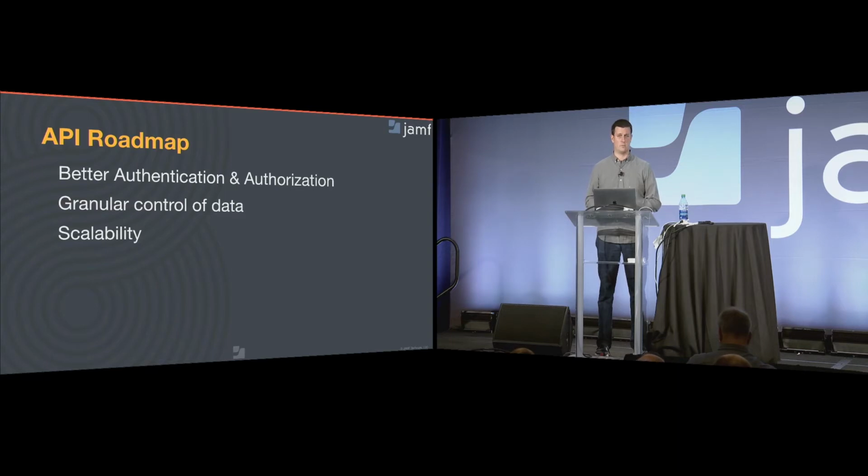If you have even an environment of 1,000 or a couple thousand computers or mobile devices, it's not that easy to actually get that data out of Jamf Pro using the current functionality. So we're taking a look at scalability and potentially implementing such features as pagination or things like that, just to make it a whole lot easier in larger environments to work with our API.